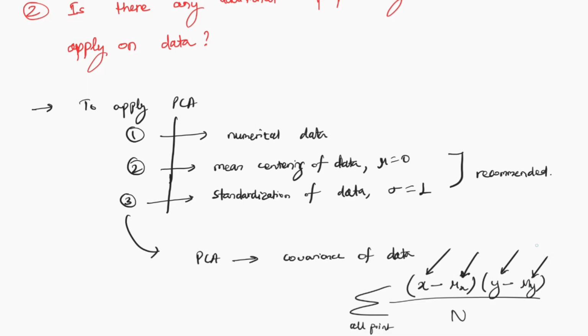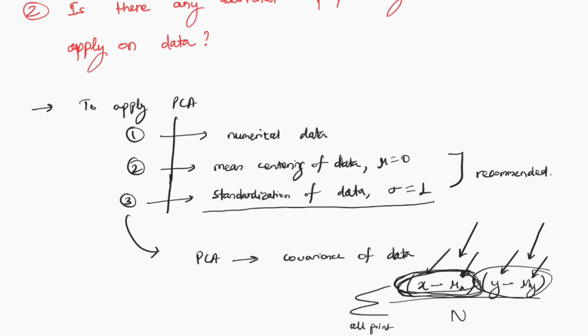Let us say if the scale of y is much higher than the scale of x, then this process will ignore the information coming from x. So we need to have these two dimensions on the same scale, and that is why it is recommended to have the dimensions on the same scale.